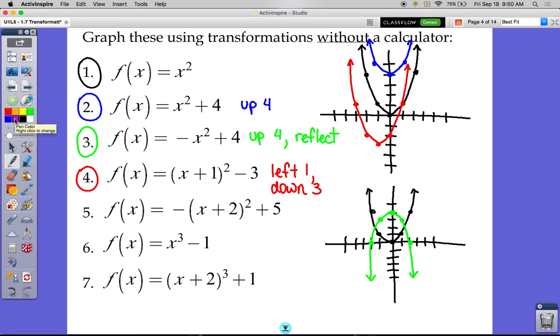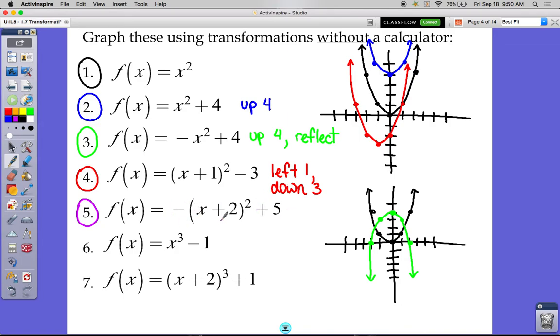Let's make this one purple. And we're going to save the cubic functions so we're graphing those here in just a little bit. We're actually going to separate those from the others because there's no point in putting a cubic function along with a quadratic. So for this one, number 5, this one has a +2 on the inside, a +5 on the outside, and a negative in front.